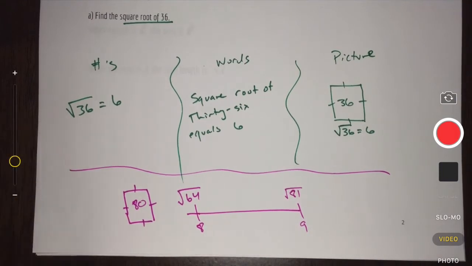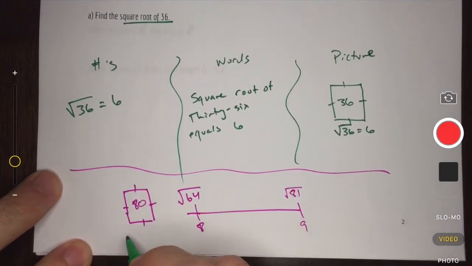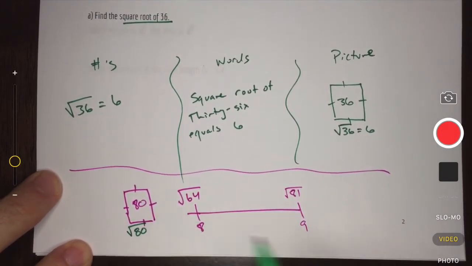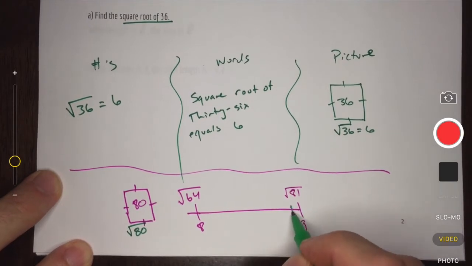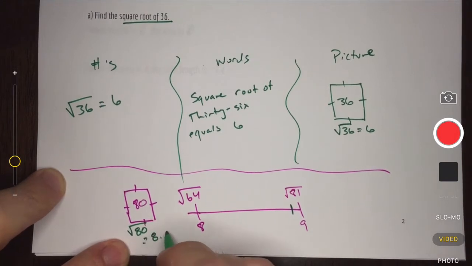So I have to think to myself, where on that number line is this 80 going to be positioned? So this 80, obviously, because that's what I'm looking for, the square root of 80, is going to be positioned way down there. So in terms of rounding this mentally to one decimal place, I might say that the square root of 80 is approximately 8.9.